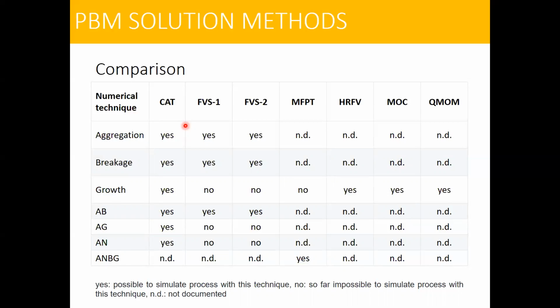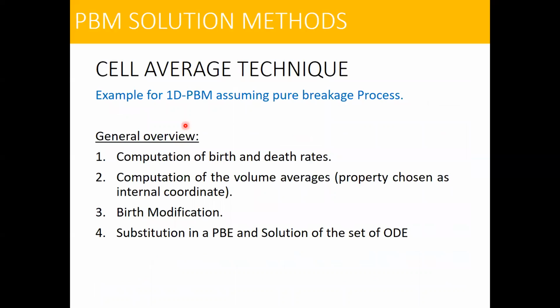For our purposes, we are going to focus on the cell average technique. We wish to transform the general continuous population balance equation into a set of ordinary differential equations that can be solved using any standard ordinary differential equation solver.